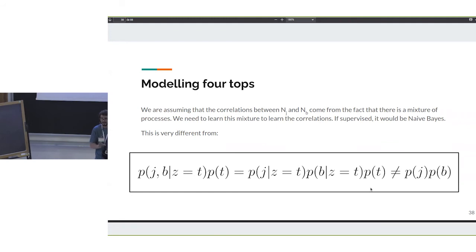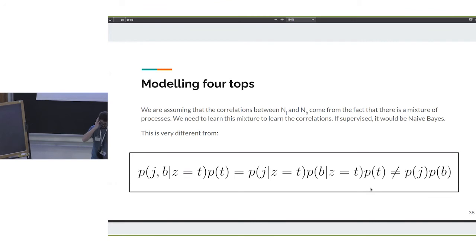If we don't know the class, that is, in the distribution that we observe, which is the number of light jets and the number of B jets with no class assignment, these two are dependent. This dependence comes from the fact that we are not able to observe the class. If we were able to say this event is top, this event is TTW, then in our model they should be independent. But because we are not able to do that, in the data that we observe the two variables are dependent.